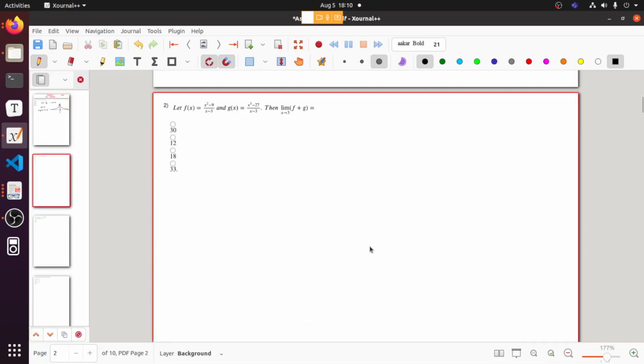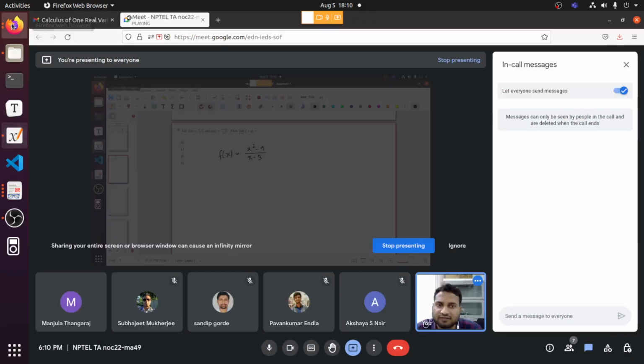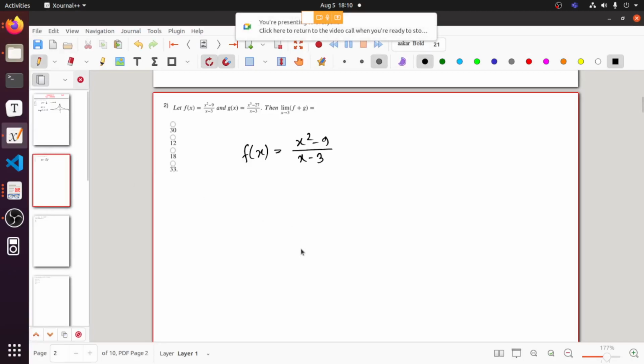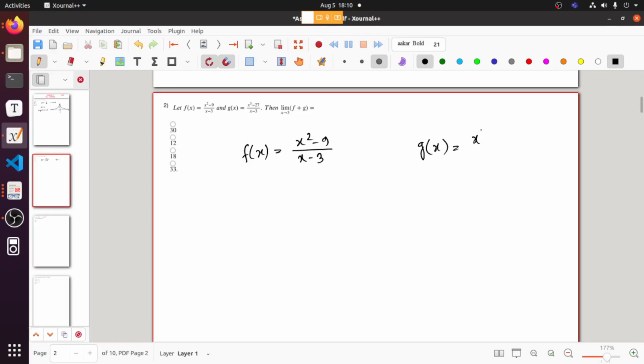So what is the next question? It's given that f of x is (x square minus 9) by (x minus 3). And g of x is (x cube minus 27) by (x minus 3), right?